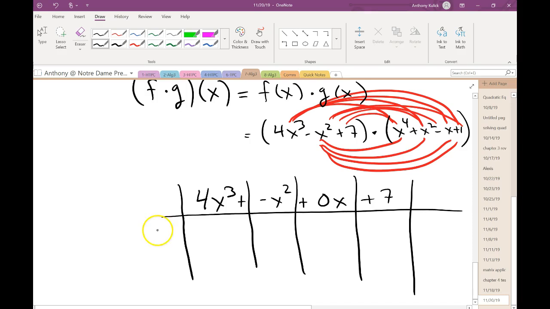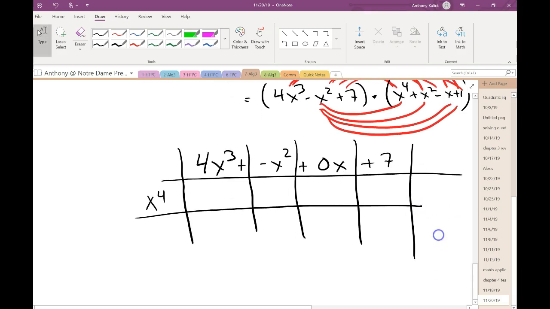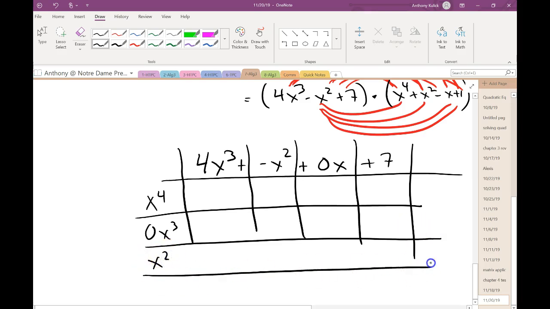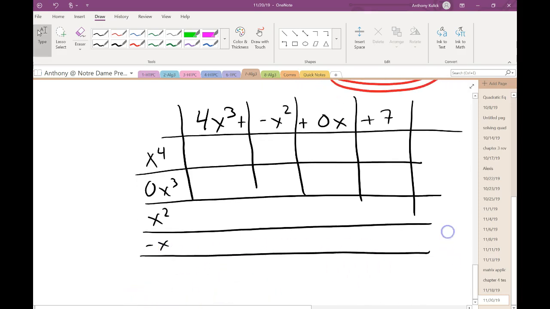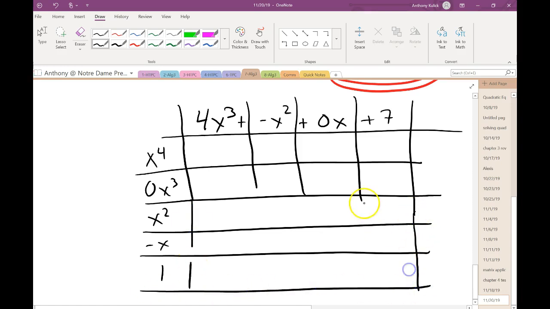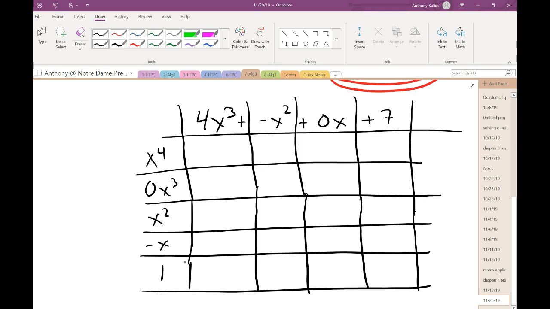And then I'm going to use the other polynomial as my height. And I'm going to include a 0x cubed here. You'll see why in a moment. Everybody okay with the setup here?